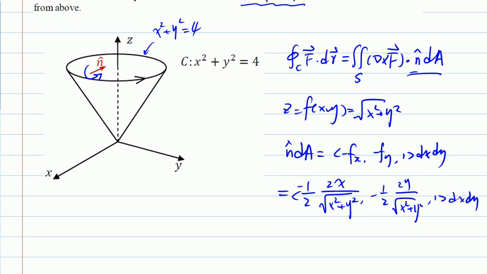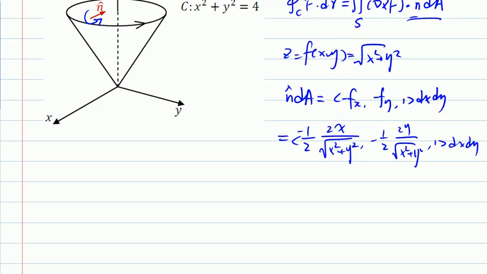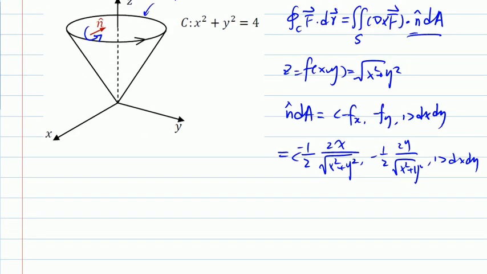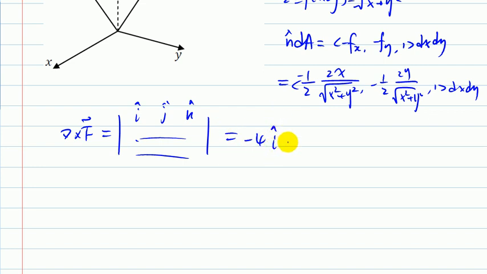Now I have n hat dA, and I can calculate the middle one, which is del cross f. Using the determinant, with i hat, j hat, k hat and the del and f, you're going to get negative 4 i hat, negative 2x j hat, plus k hat.